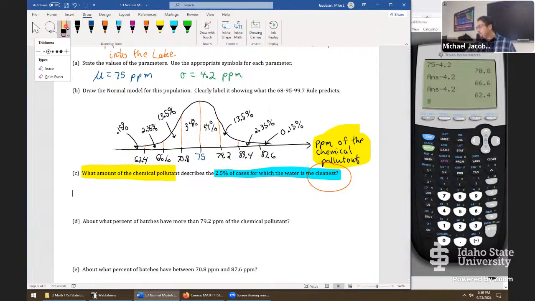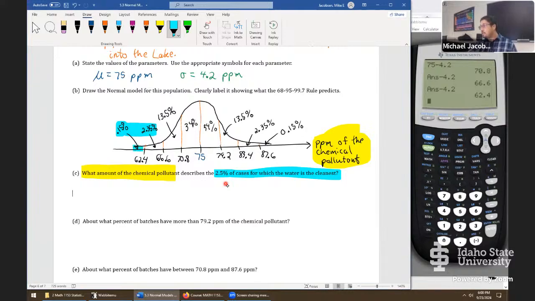Okay, so for the left tail, we want a certain amount, so we need a value on the x-axis so that we have the 2.5% of cleanest cases. Starting on the very far left, we're at 0.15%. Move over a little bit more. 2.35 plus 0.15 is exactly 2.5%.